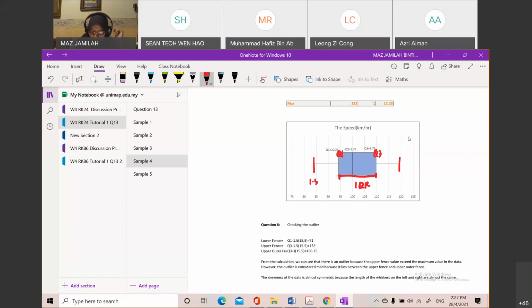If you have 1.5 IQR, it will be here, minus 1.5 IQR, it will be here. This is 1.5 IQR. So you will have another fence that will be your plus 3 IQR.